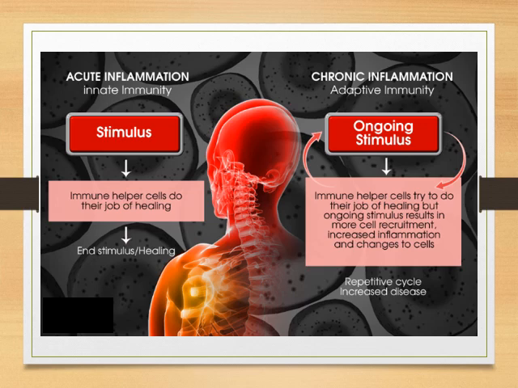When we remove the stimulus, there will be healing of the symptoms, healing of the pulp. If not, it will progress to a chronic inflammation. The stimulus is still present, the bacteria is still present, caries is still present, so there will be no resolution of the symptoms.